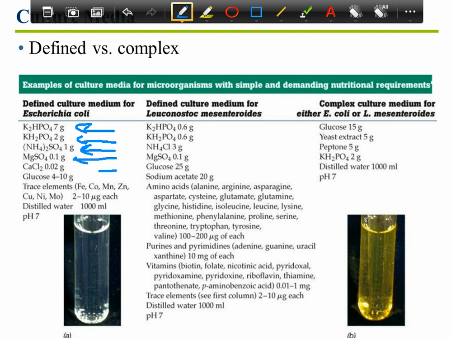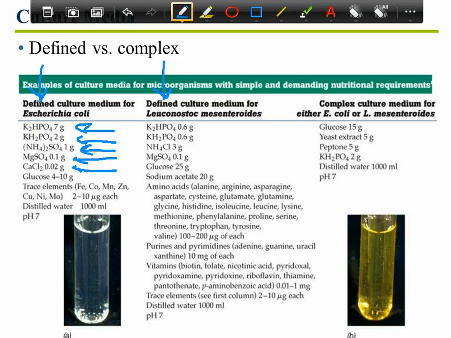Every amount of every chemical is listed. I could give this recipe to everybody in class, and well, assuming you're able to weigh it out accurately and all that, everybody should end up with the exact same medium. Everything is known. Every amount is known. There is nothing unknown in this medium. So this is a synthetic or chemically defined medium.